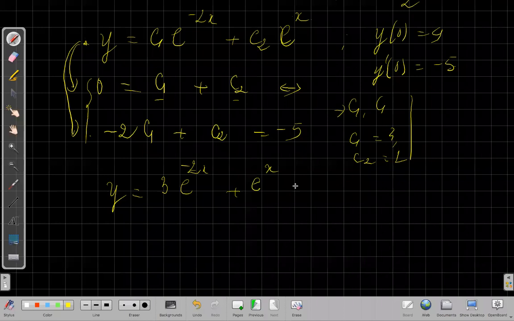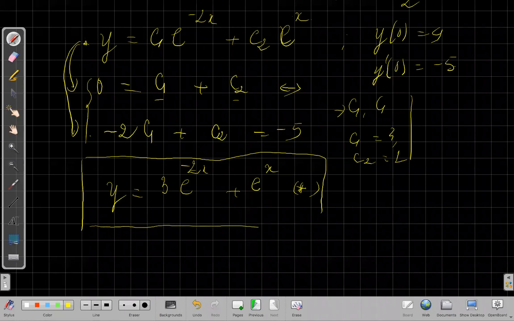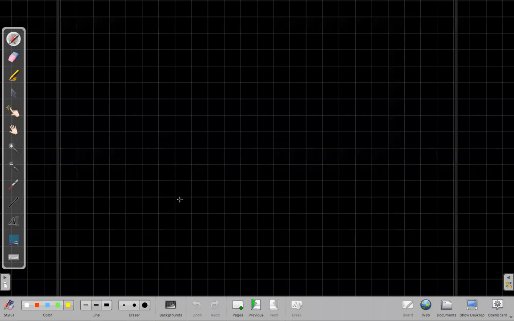Okay, so that is the final solution. In this case, in the first case, we have two separate roots of the characteristic equation. Okay, we will go to the next case.